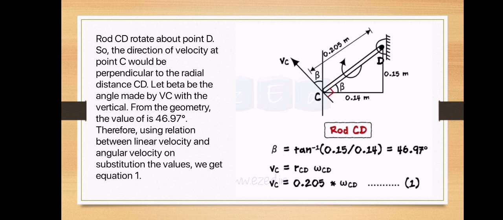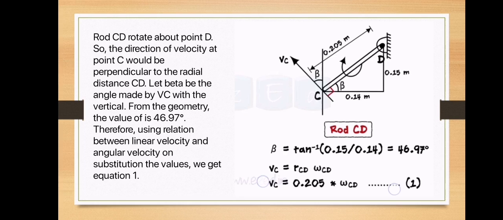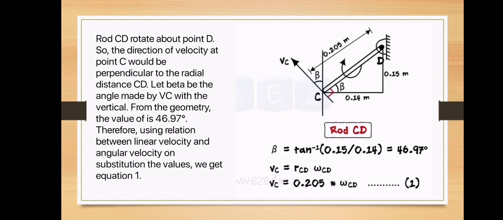From the geometry, the value of beta is 46.97 degrees. Therefore, using the relation between linear velocity and angular velocity, on substituting the values, we get equation number 1.